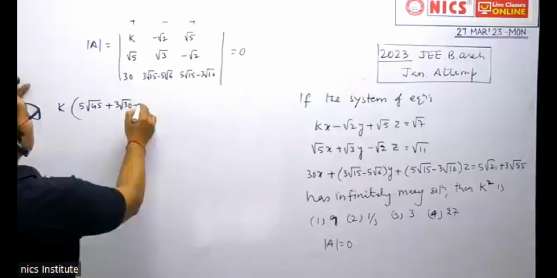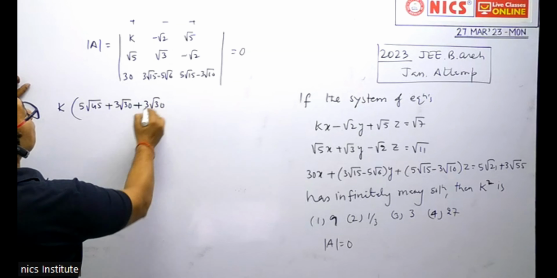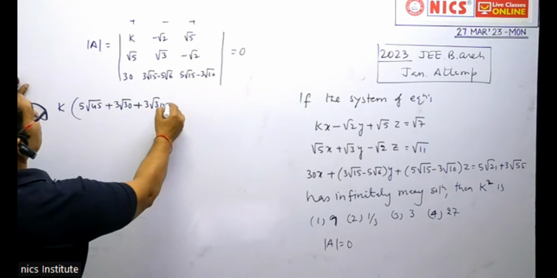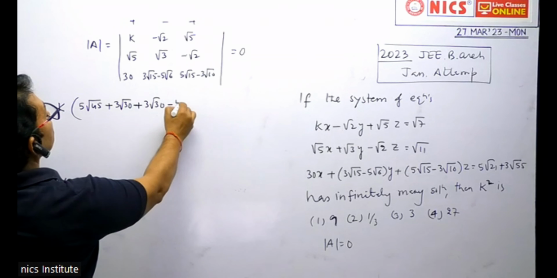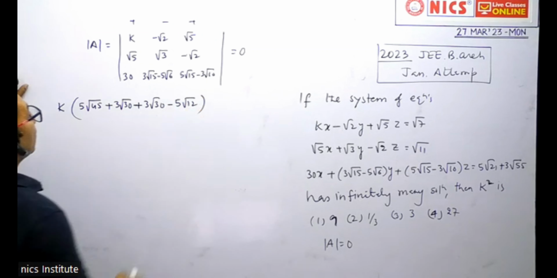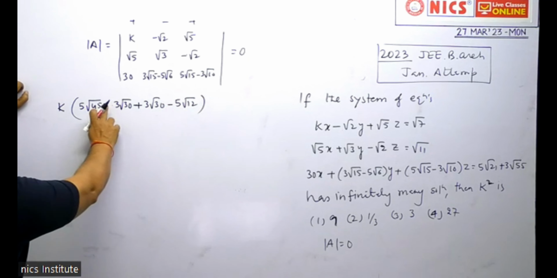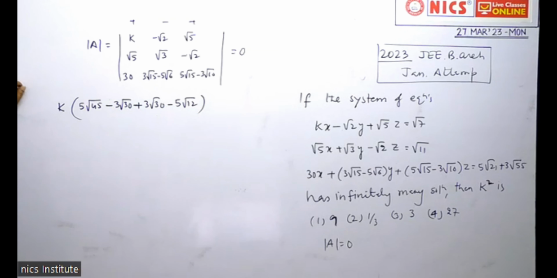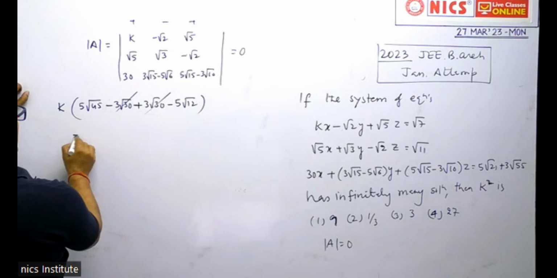So minus minus plus. This will cancel. Then you have plus root 2.